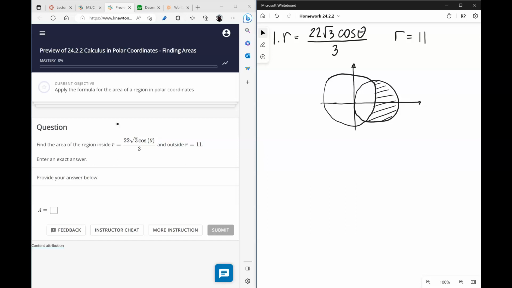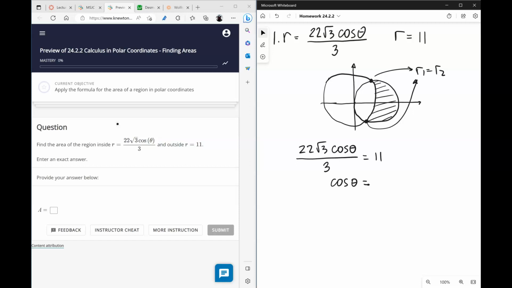To find this area, the first step is to find the points of intersection. We need to figure out the limits of integration, which is pretty much where the two curves are equal to one another. So we're going to take the first curve and set it equal to the second curve, and we need to solve for theta.